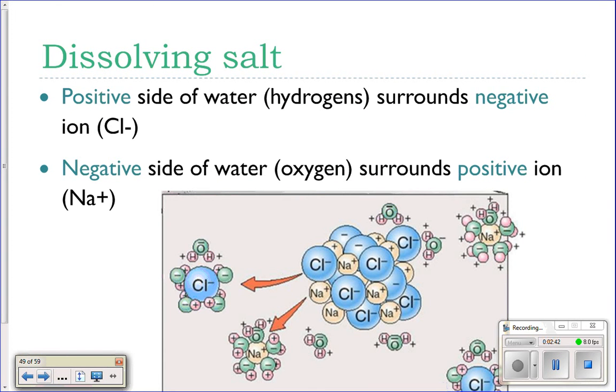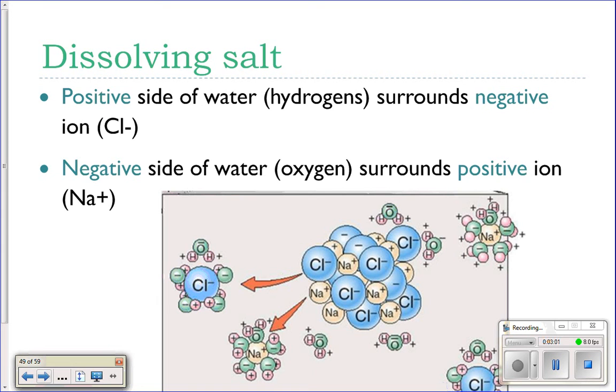Another property of water that we are going to look at is that water is a very, very good solvent. So it's really good at dissolving things because it is polar. We've talked about surface tension and other properties last lesson, and another property of water is that it's a very good solvent.